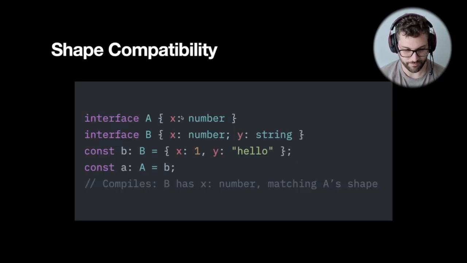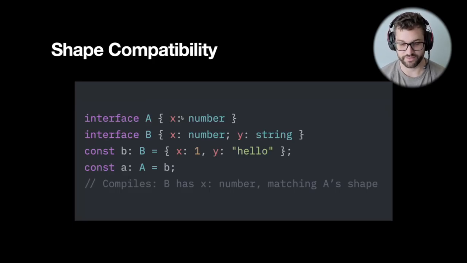All right, so let's talk about shape compatibility. In this example, we have interface A and B. They share a common property X, which has a type of number, and interface B has an additional property, Y of type string. Now, when we create this object literal and assign it to B of type B, we can assign B to A with type A, and this compiles.